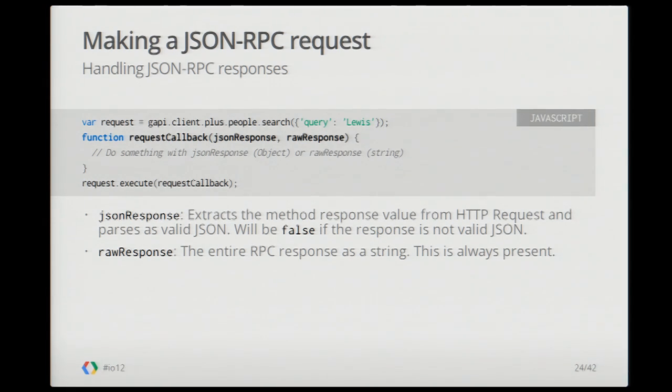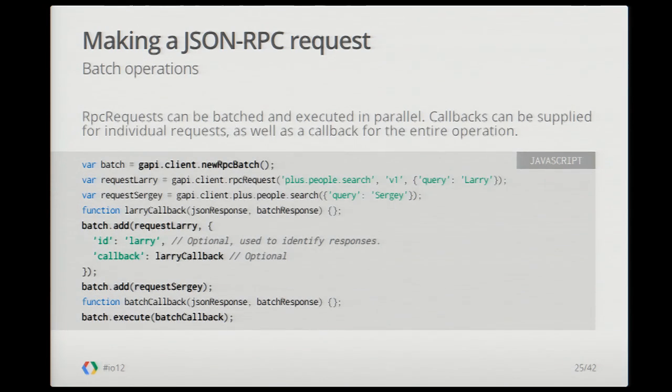But of course, since we're working with JSON-RPC, that is going to be extremely rare if it ever happens at all. But just in case, we include the raw response, which is the entire RPC response as a string. It's always present, but you may not always be interested in it. So again, if it's not JSON, you can do your own custom parsing on this. But again, I don't think that'll be a very common use case.